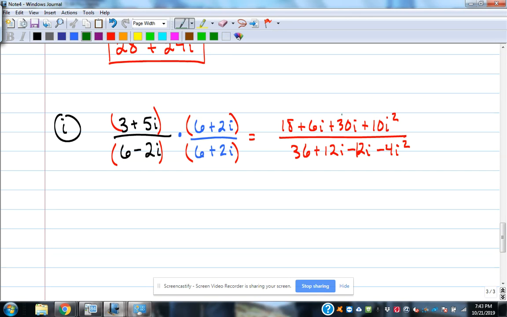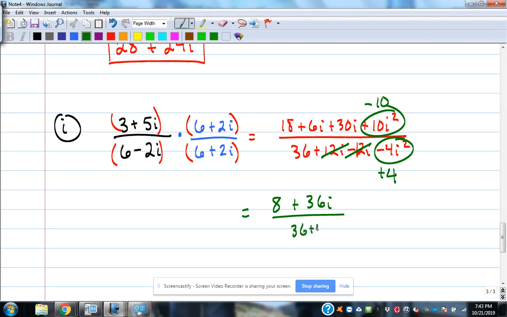So that's a whole other step. I've got to know that this thing turns into negative 10, this thing turns into positive 4, and these cancel out. So the top part's going to be 18 minus 10 is 8 plus 36i. On the bottom, I got 36 plus 4. So that'd be 8 plus 36i over 40. And then what do I know about each one of these?